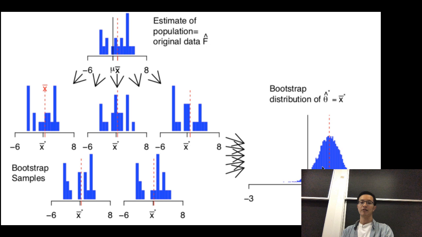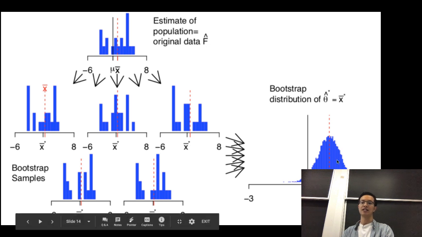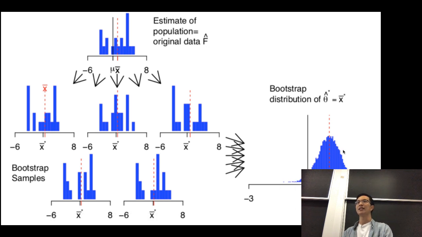So this distribution is not centered at mu, which is our goal, because there's some imprecision in saying that this sample is a population. This discrepancy arises from the estimation we're doing by saying that our sample is our population.